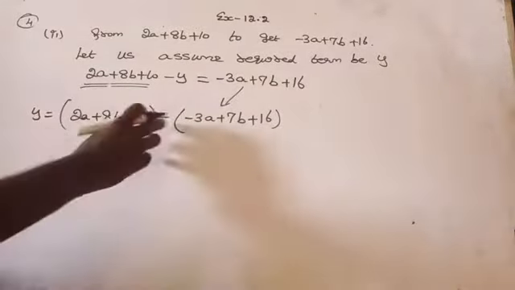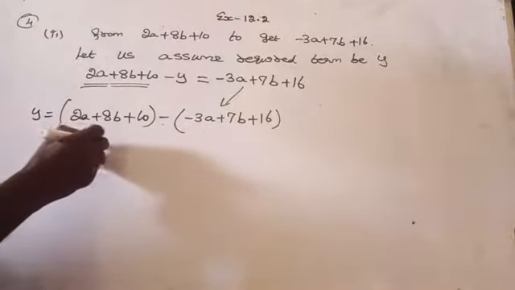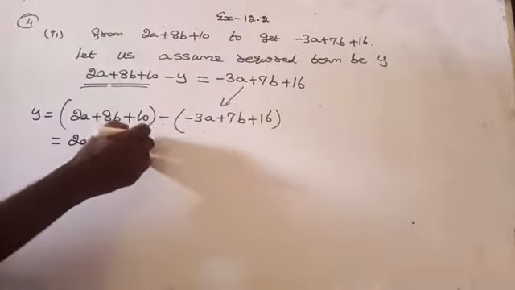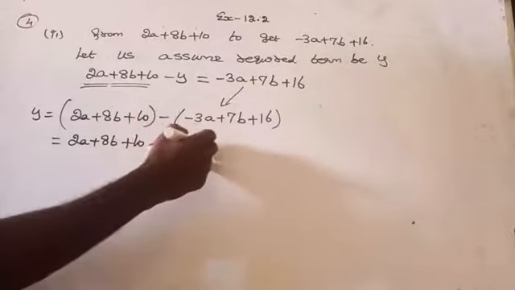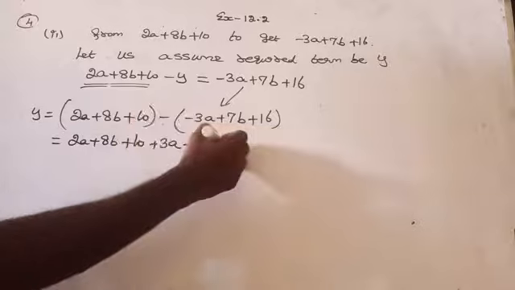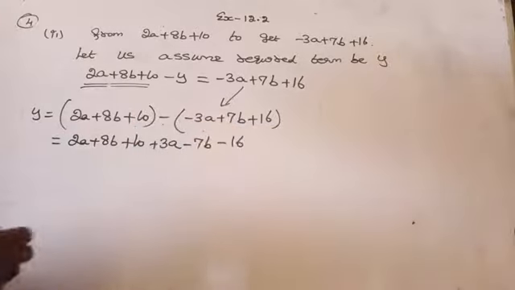So now remove the bracket. That is 2a plus 8b plus 10, minus into minus is plus 3a, minus into plus is minus 7b, minus into plus is minus 1 into 16, which is minus 16 here. Now group the like terms.